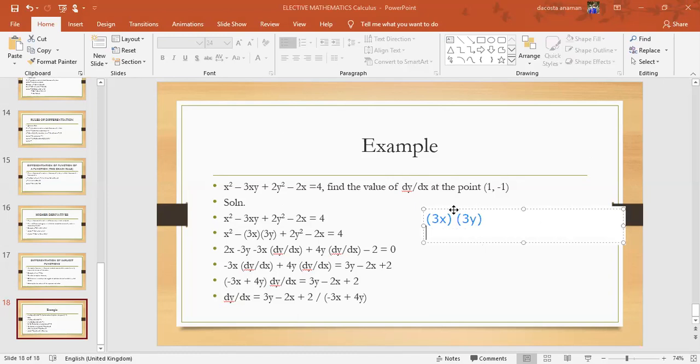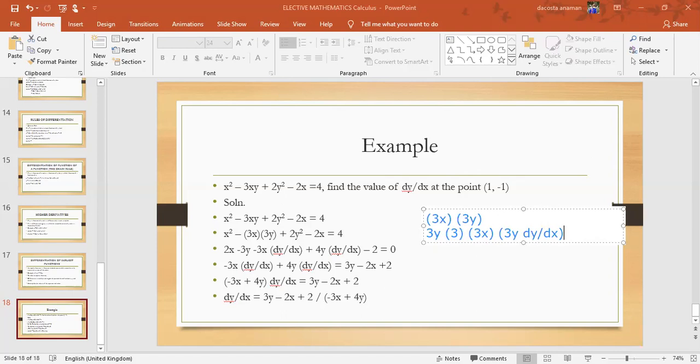So you'll be getting what? v, that's 3y. Then differentiate this one, you get what? 3. Then you pick this one, which is what? 3x. Differentiate this one, which will be what? 3y dy/dx.